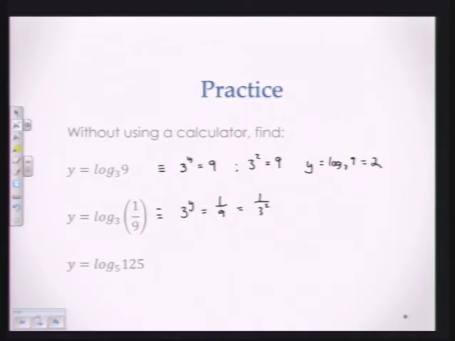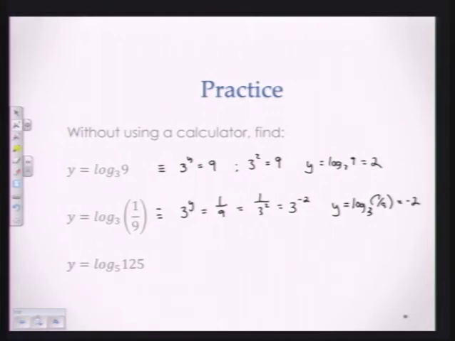But we want that 3 to be our base in our numerator, and using laws of exponents, that becomes 3 to the negative 2. So y must be equal then to negative 2. So y equals the log base 3 of 1/9 must be negative 2.